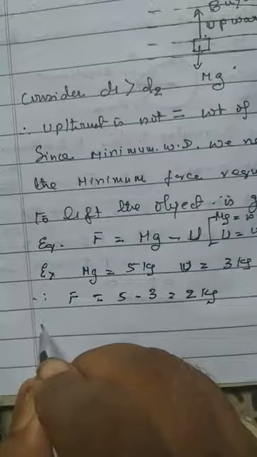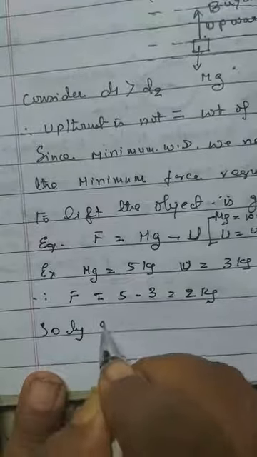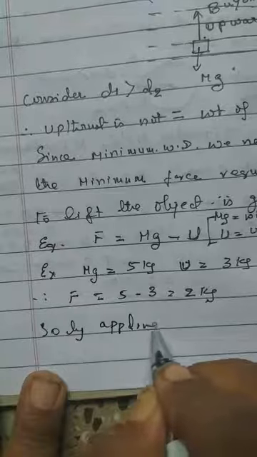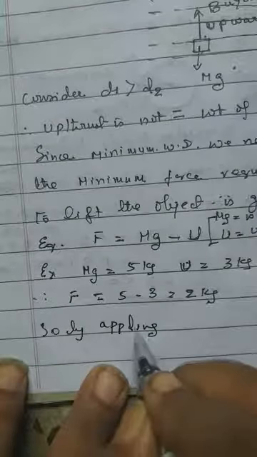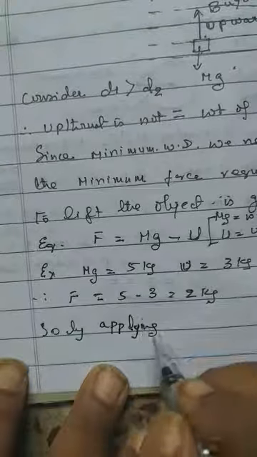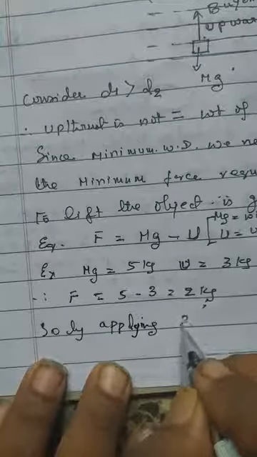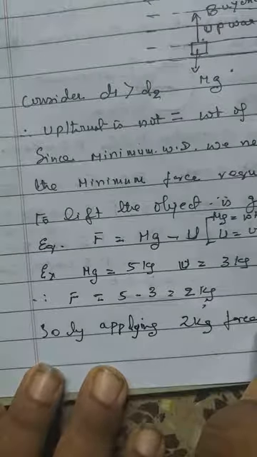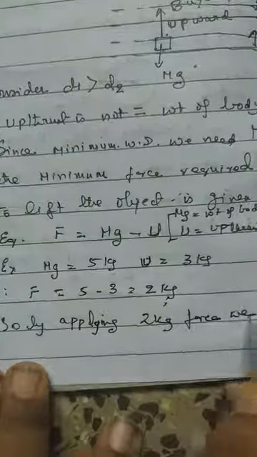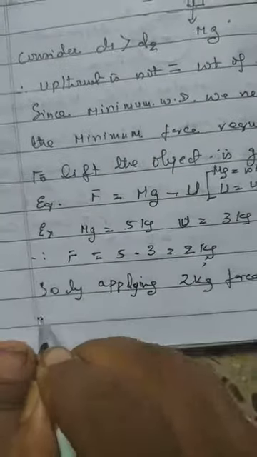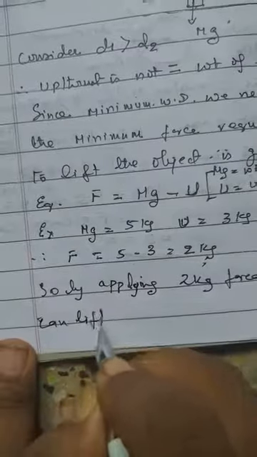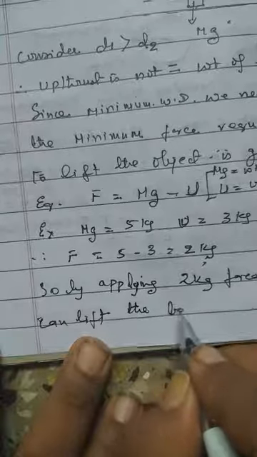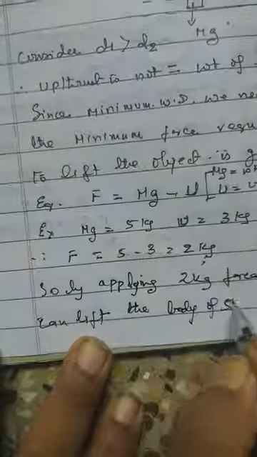So by applying a 2 kg force we can lift the body of 5 kg.